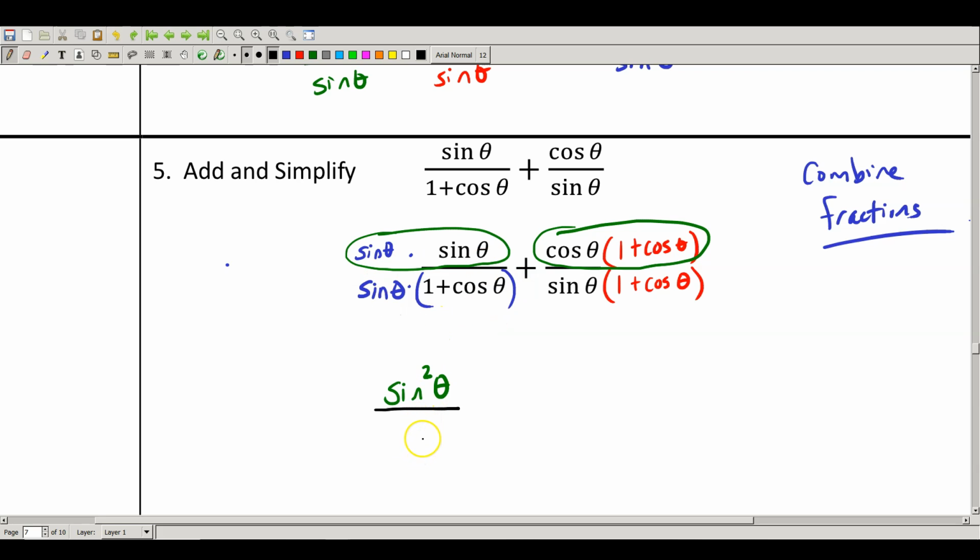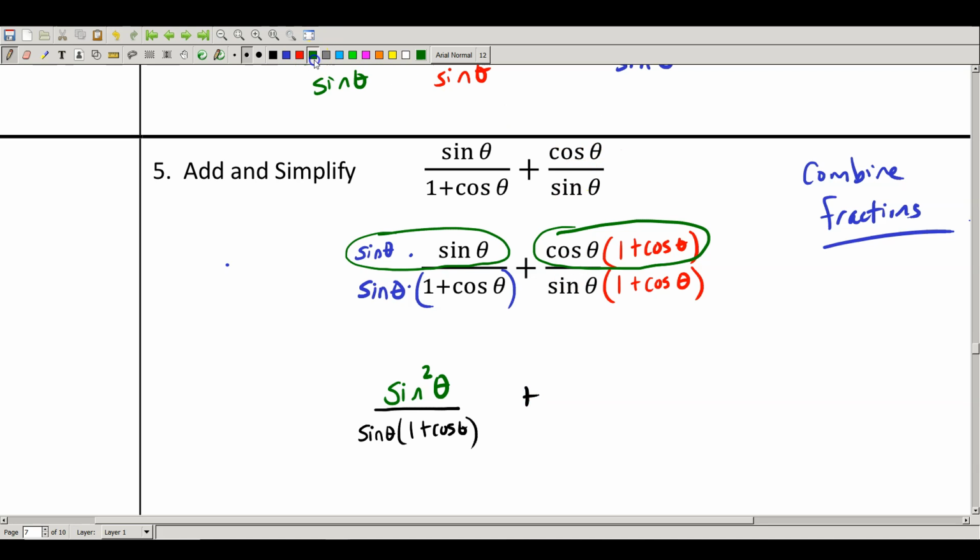Notice I'm going to opt to keep the denominator in factored form. I'm just going to leave it like that for now. You'll see why. So the denominator is that common one, sine theta times 1 plus cosine theta.